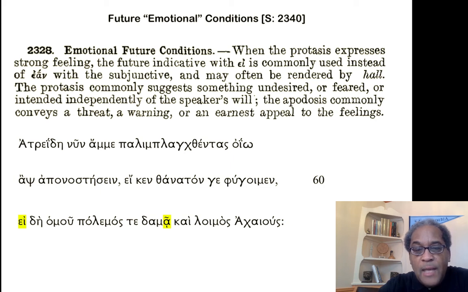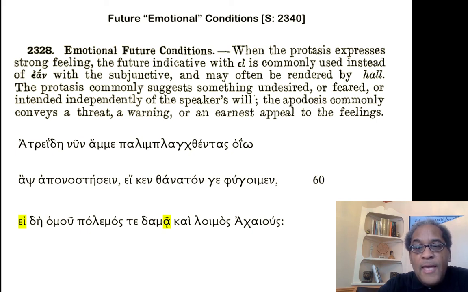If at the same time war and plague are to overwhelm the Achaeans, Atreide, nun hama palin plagkthentas oi o aps aponostesein. I think, son of Atreus, that we, struck as we are, must or shall have to return home backwards.